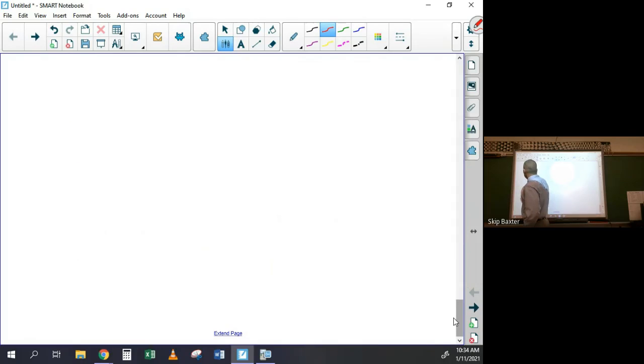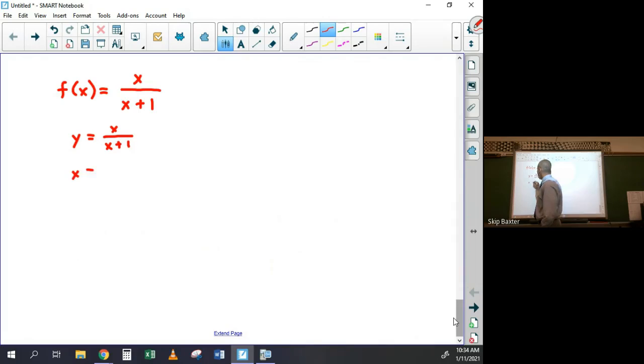How about f of x? What if it was like x over x plus 1? So y equals x over x plus 1. Switch: x equals y over y plus 1. So let's do the same thing. I'm going to cross multiply, so I get xy plus x equals y.